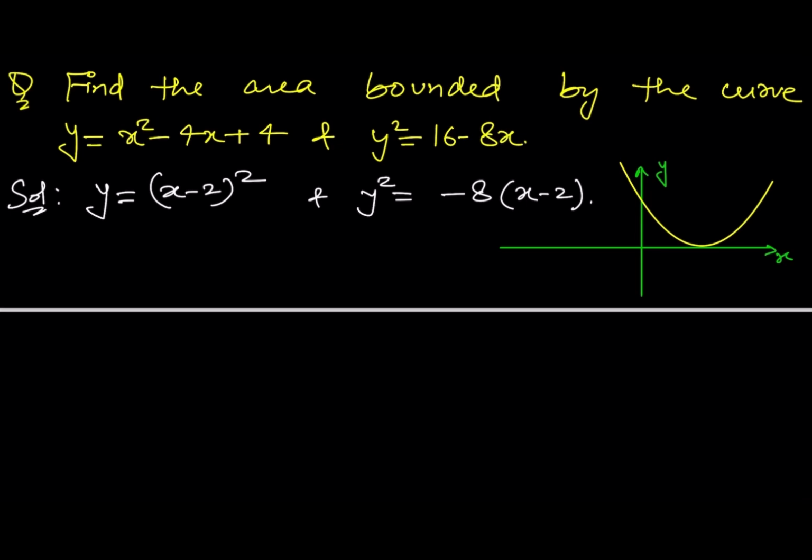As we know, y square is equal to minus 4ax represents a left-handed parabola, so it will also be a left-handed parabola having vertex at 2 comma 0.